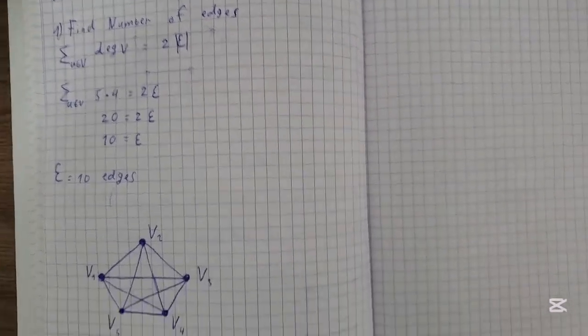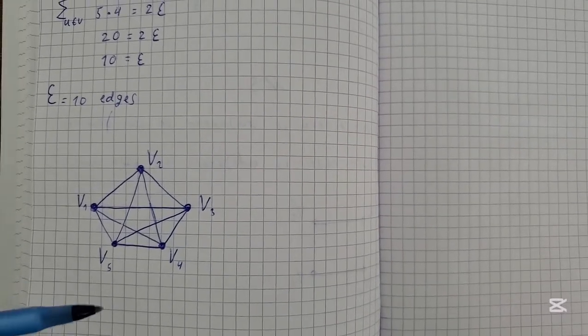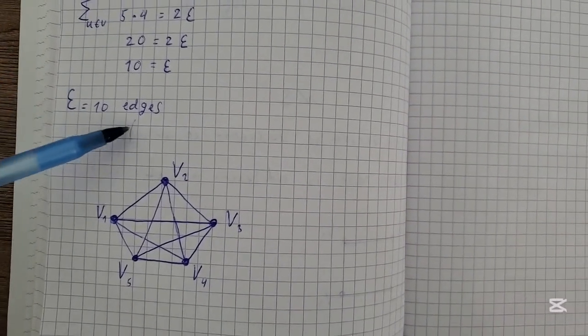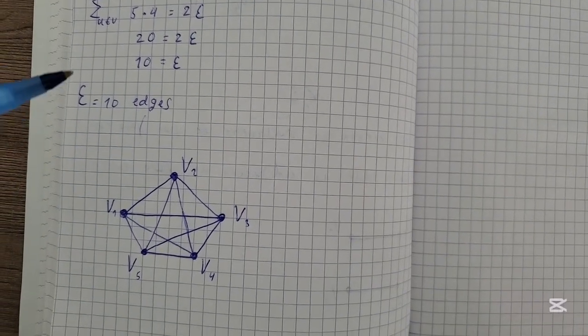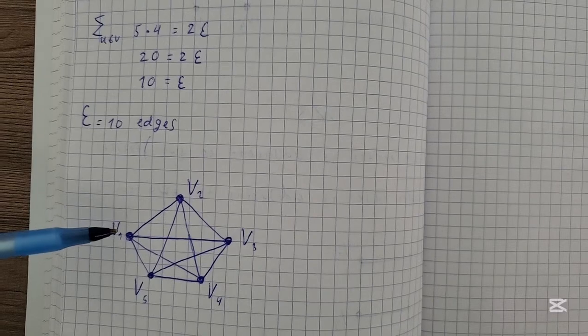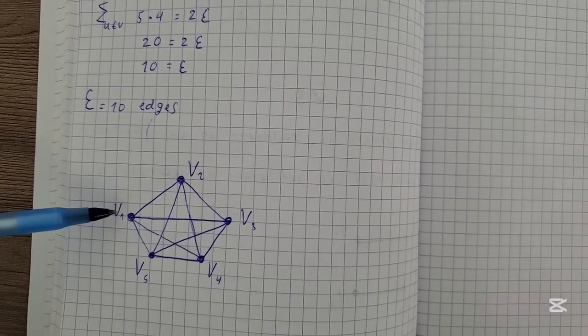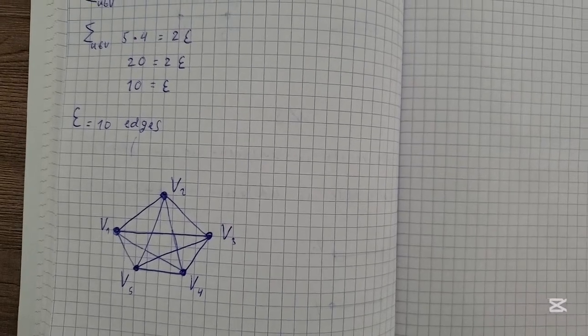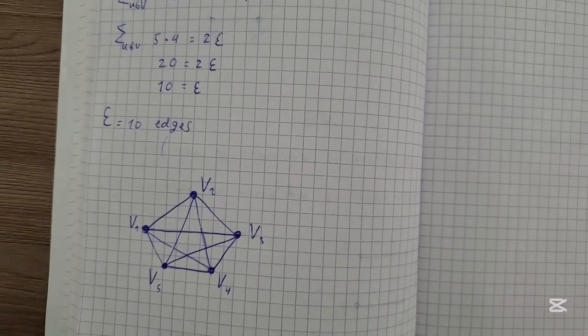And also our final graph looks like this, and we can check all conditions. We can see that it's a complete graph because every vertex is connected with each other. For example, the first vertex is connected with the second, third, fourth and fifth. So this is the final answer.